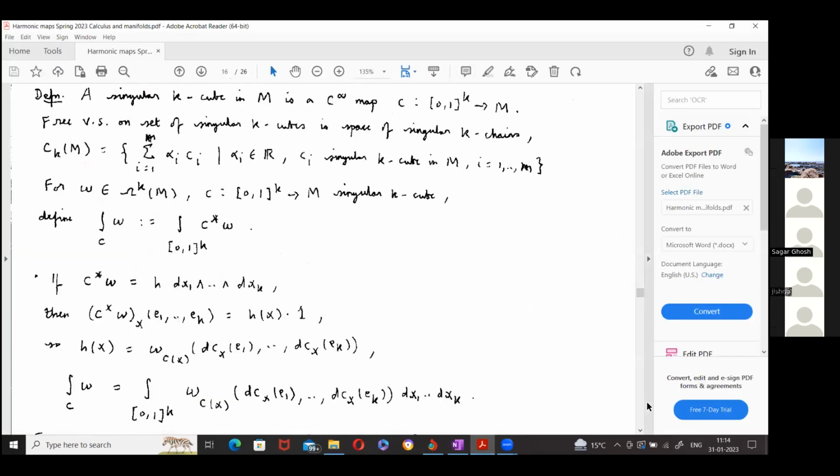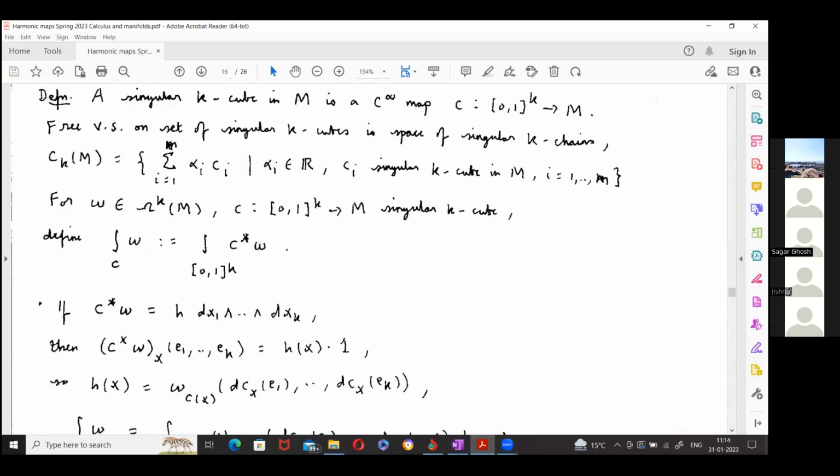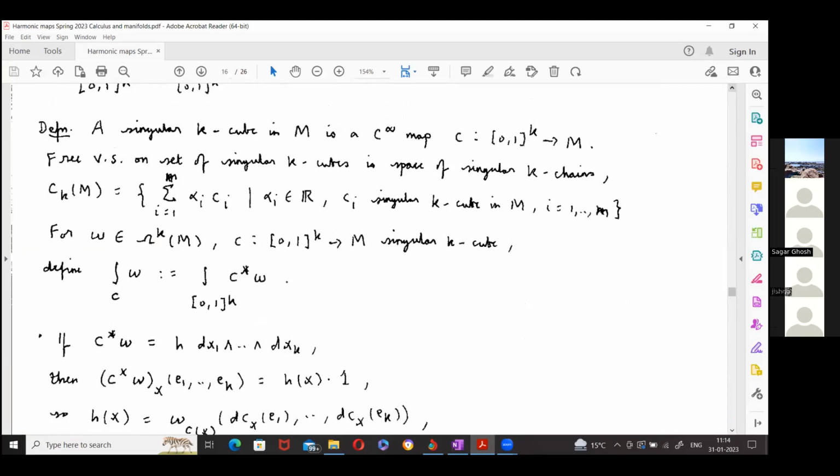All right. So more generally, like we do in homology, we can look at the free vector space on the set of singular K cubes in M. So a singular K cube is a smooth map from the unit cube into M. And then the space of singular K chains is defined to be the free vector space on the set of singular K cubes.